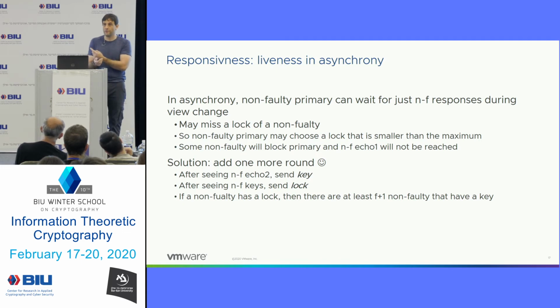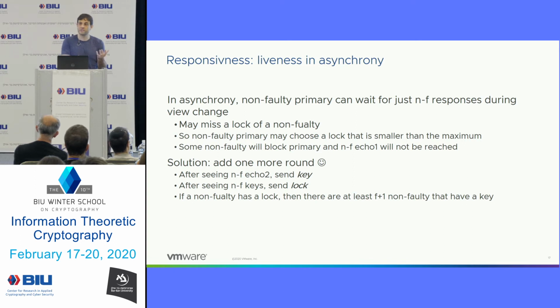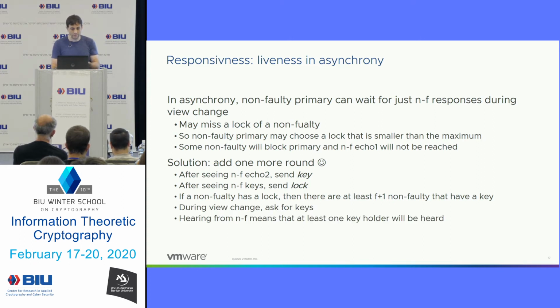But now we're lifting up this information. So if one honest has a lock, there's at least f plus 1 non-faulty that have a key. These f plus 1 non-faulty that have a key have to intersect the n minus f that I read. So there's at least one honest that has a key. And so this is why we're going to be safe.